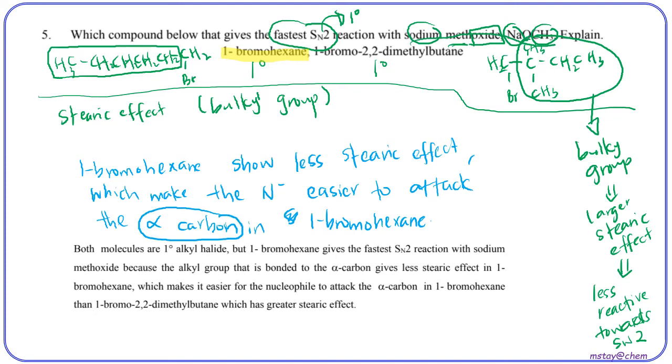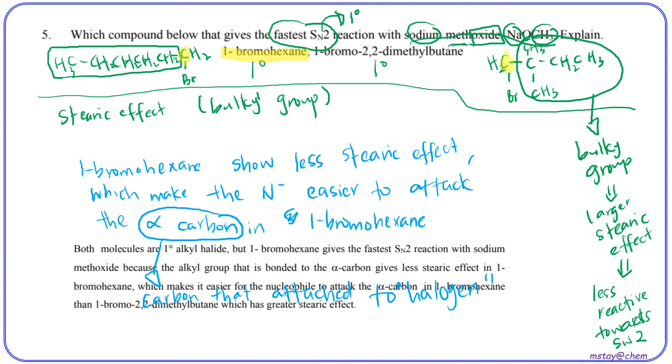Alpha carbon, basically we can classify as the carbon that is attached to the halogen, or is attached to the functional group that we want to study. Therefore, this one is the alpha carbon and another alpha carbon is over here.